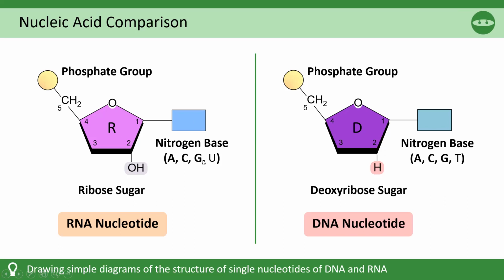A, C, and G are common for both DNA and RNA. But for RNA, there will be uracil that won't be available for DNA. And for DNA, you will have the deoxyribose sugar, the phosphate group, and nitrogenous bases A, C, G, and T, which stands for thymine, which is present only in DNA but not in RNA.